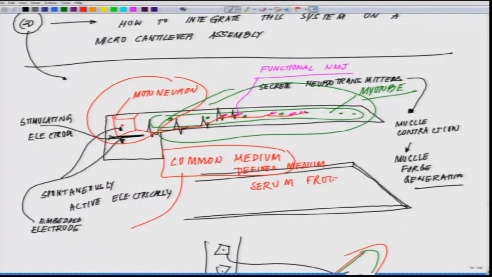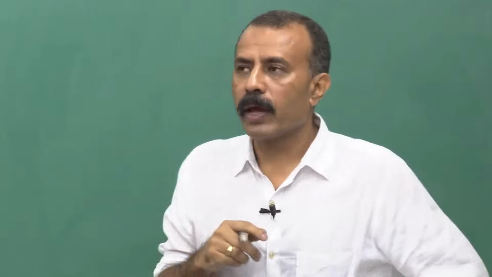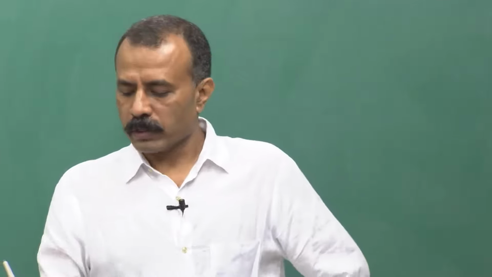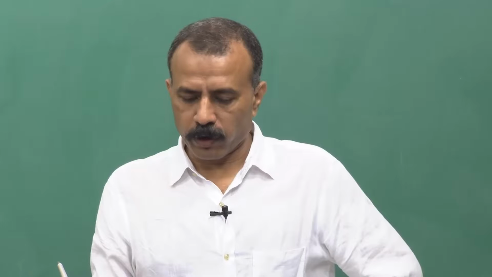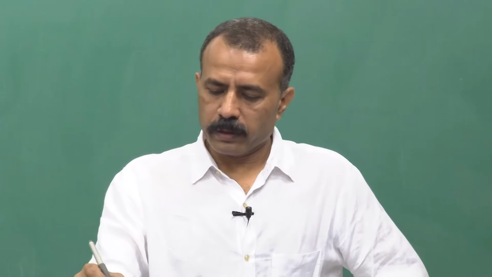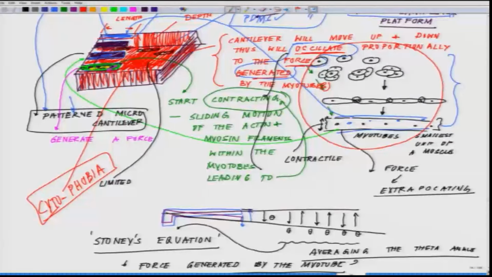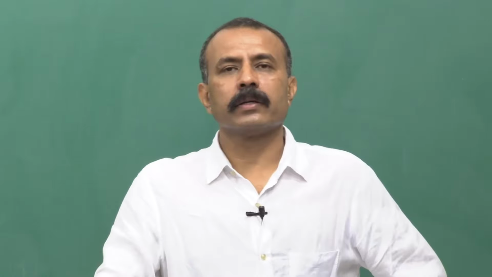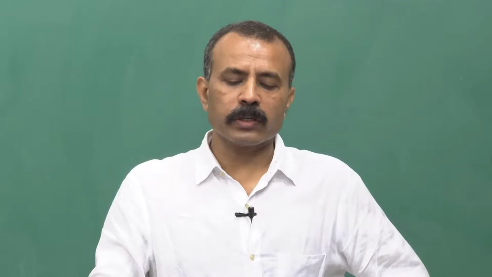This is another very important thing, because I told you that the muscle will go through this whole rigor of division, this is the paradigm they are going to follow, whereas neurons won't divide, they will be sitting there and forming the neuromuscular junctions like this. So, one has to make a call on how we are going to set up the structure so that we can extract the maximum information out of it.